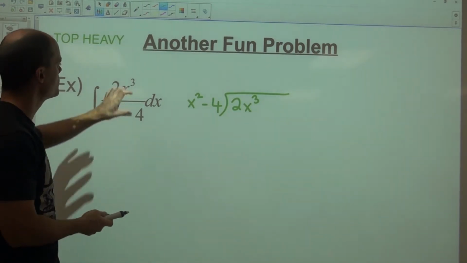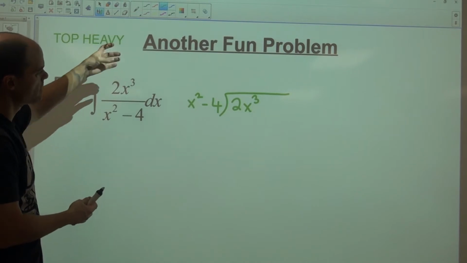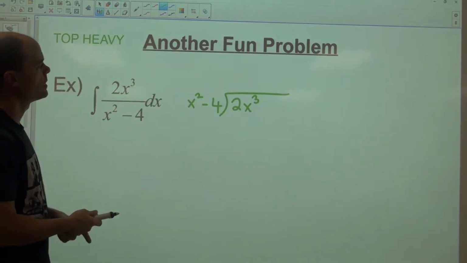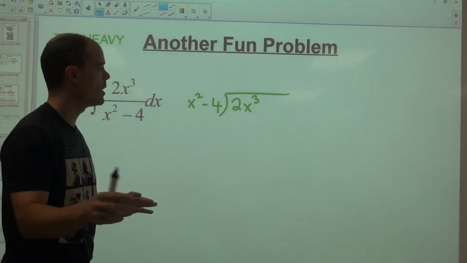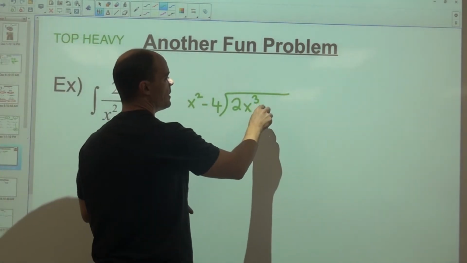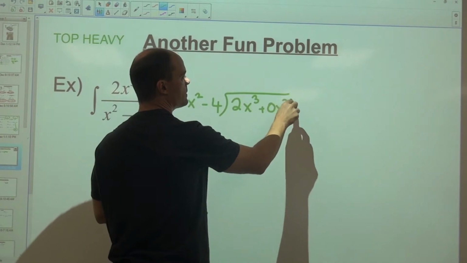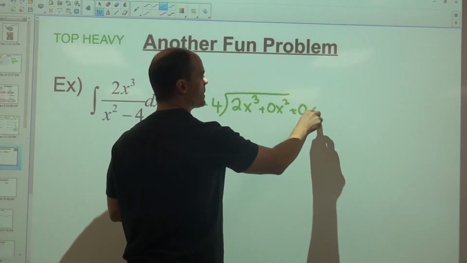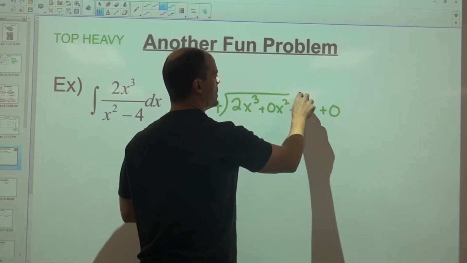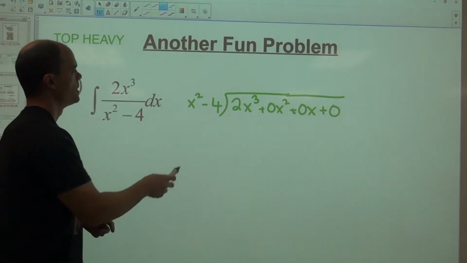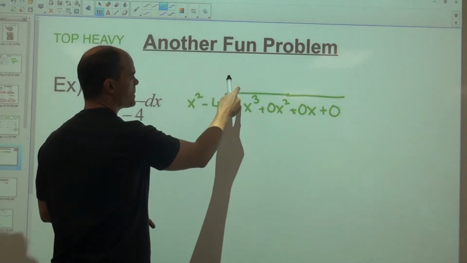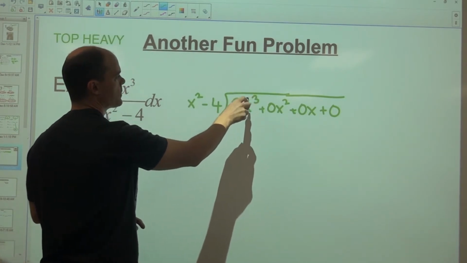We're going to lose the piece that's not in the remainder, which we'll show in our long division here. Now remember what you guys did in Algebra 2. I know it's been a while, but technically all of this is here, and there's a 0x plus a 0. All of that is really there. That's going to be helpful as I do the long division. So x squared times what will give me 2x to the third?